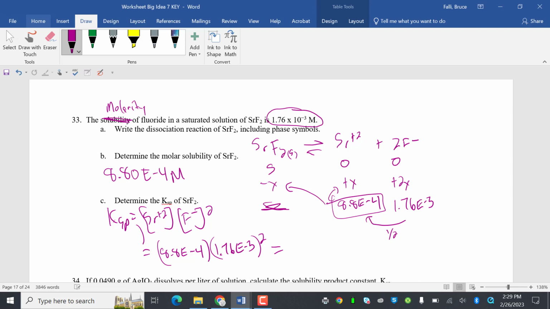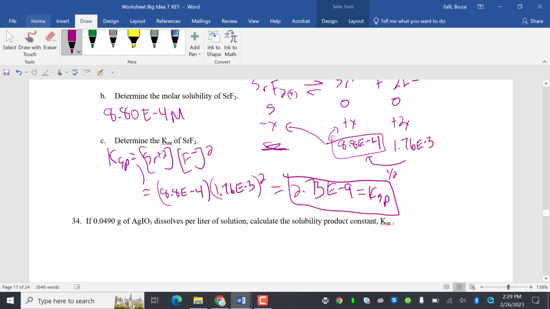So let's do that. 1.76 E negative 3 squared times the answer I had before. And my KSP is 2.73 E negative 9. All right.